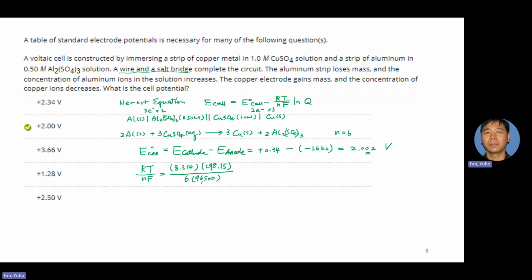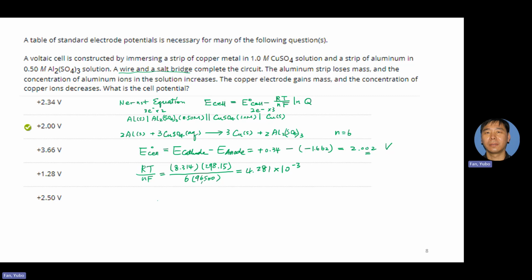Let's calculate. So here we have 4.281 times 10 to the minus third. Just keep this value for a while.